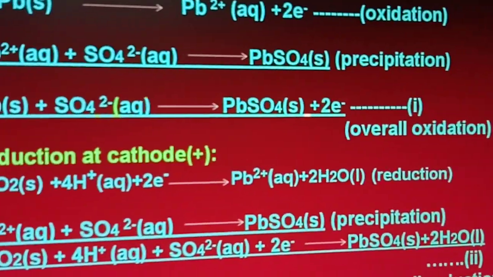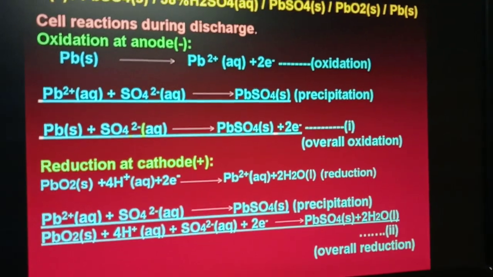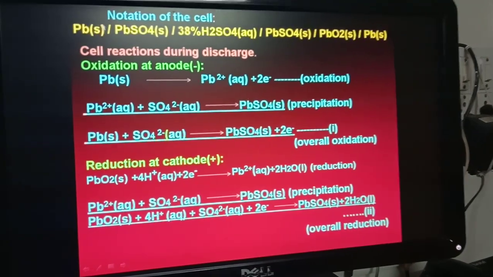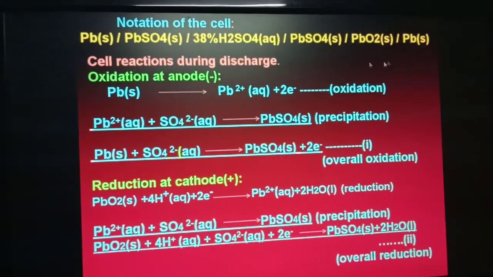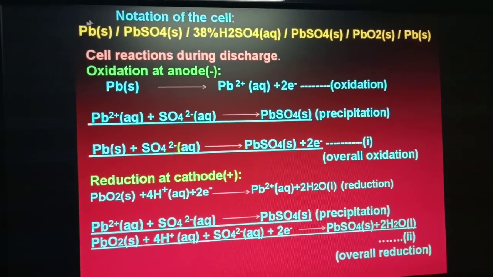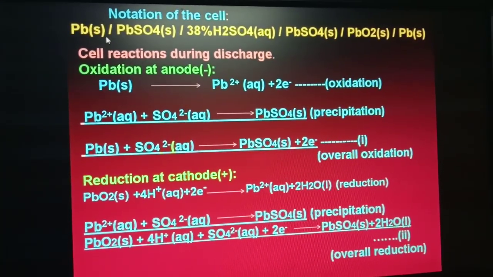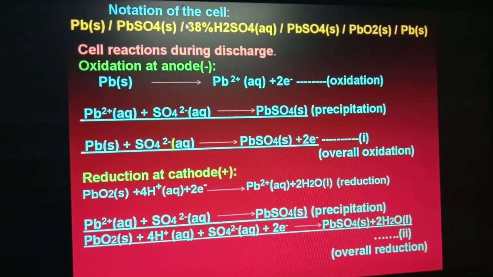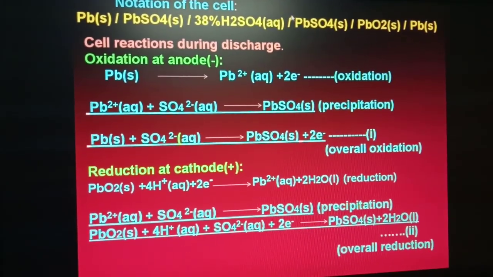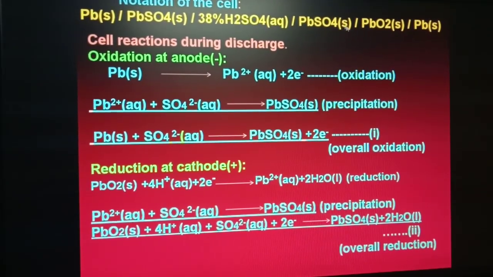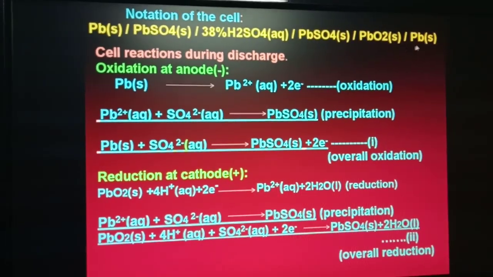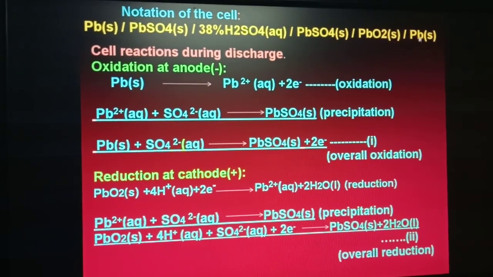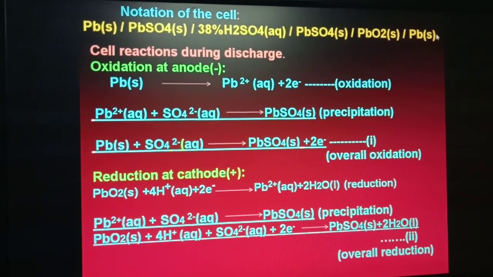Now how to represent the cell, how to show the notation of the cell. The negative electrode always goes towards the left side, that is anode towards left, cathode towards right. So as usual, Pb solid is in direct contact with PbSO4 solid, which is in contact with 38% sulfuric acid aqueous, which is in contact with PbSO4 solid, which is in contact with another lead electrode coated with lead dioxide, which will serve as the cathode.